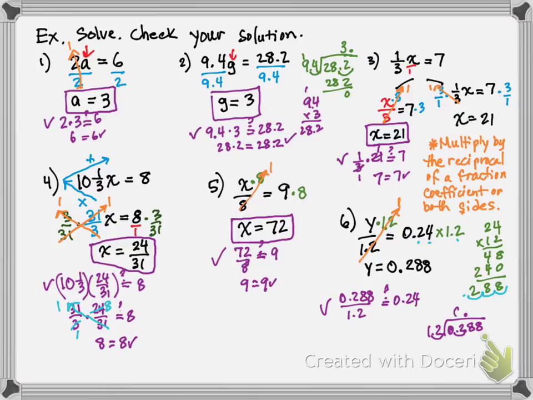Now 12 can't go into 2, but 12 can go into 28 twice, which is 24 with 4 left over. Bring down the 8. And 12 can go into 48 4 times evenly. So I get 24 hundredths is equal to 24 hundredths. So that verifies that, yep, y equals 288 thousandths.